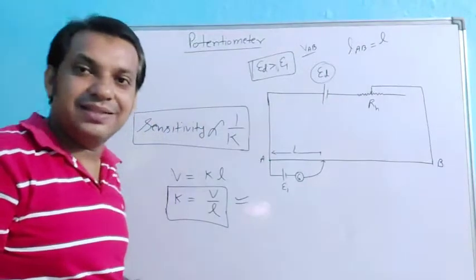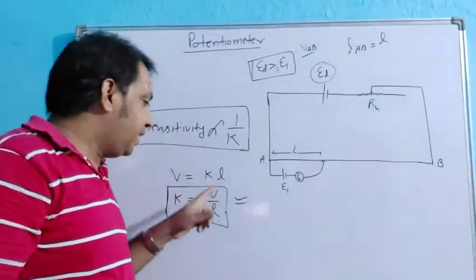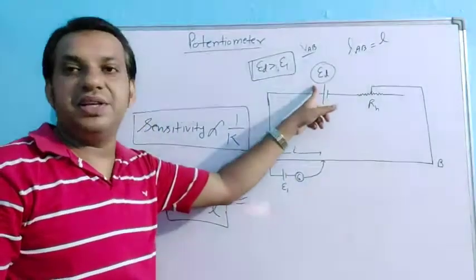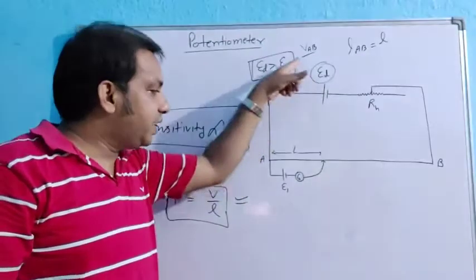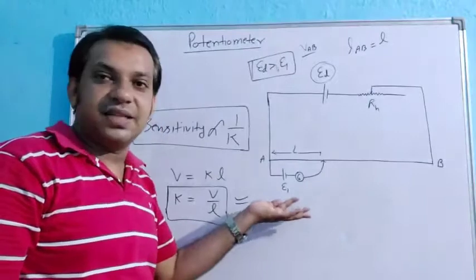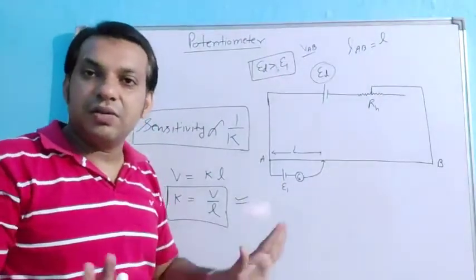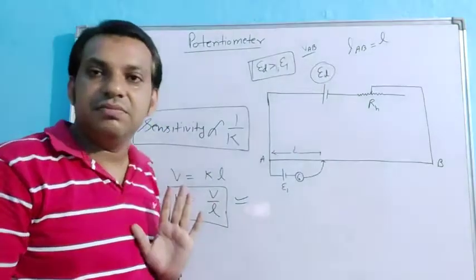If we reduce the value of V, we are reducing the value of ED, and then there is a chance that E1 will be greater than ED. So we cannot reduce this value of V.